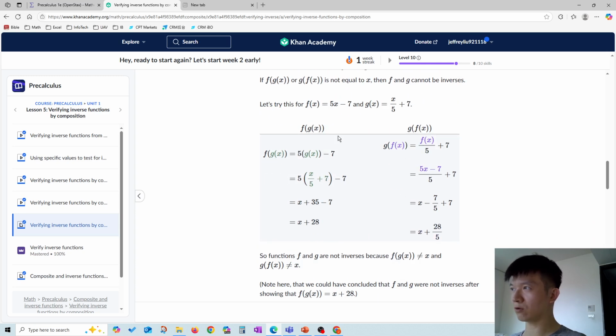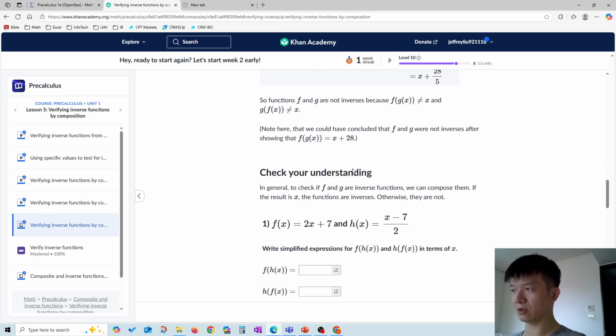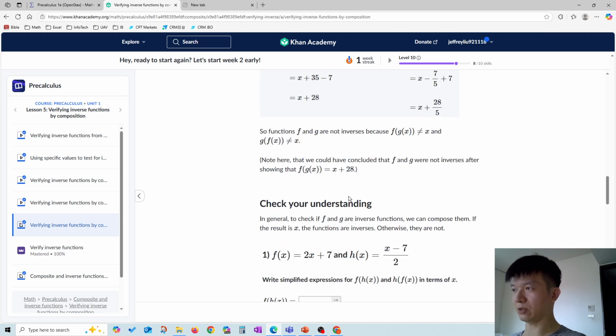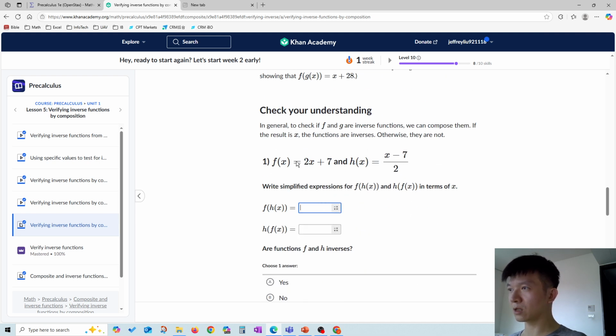So you do that for every kind of example right here, right? Wherever they gave you two functions and test you on whether you can verify they are inverses or not, then you do the same thing.